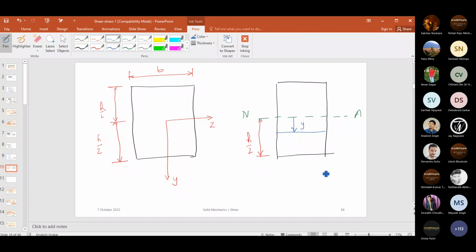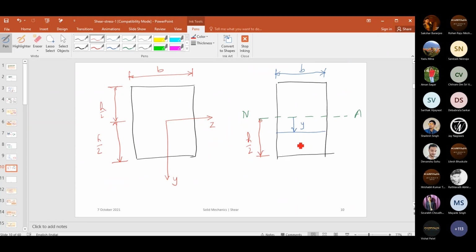Because up to now I was doing only construction, so it is all right. Now the width is b. Again the CG location, I will have some problem with it. I want to find out the shear stresses at this level. That is my problem.